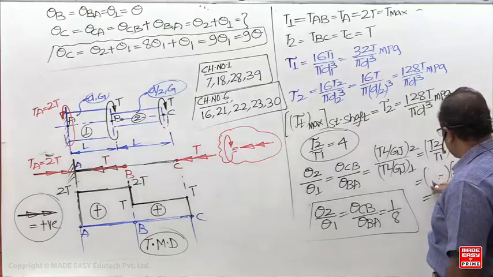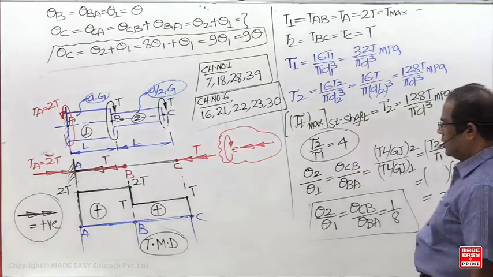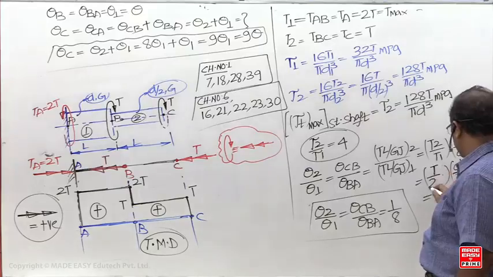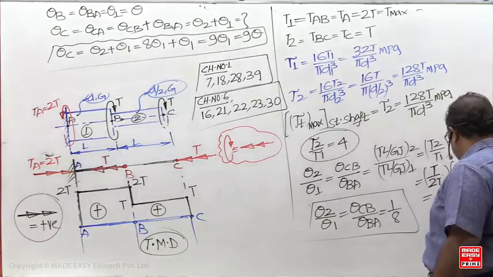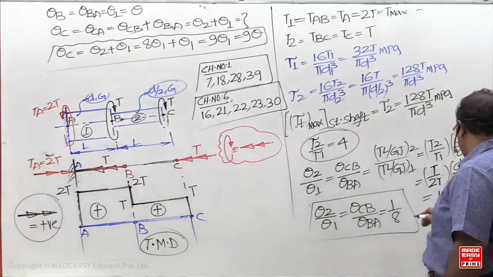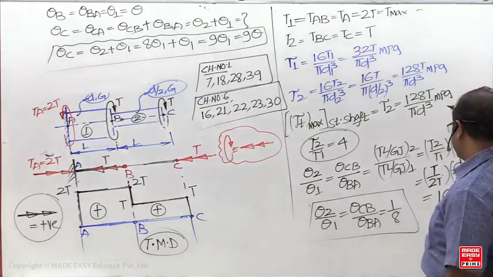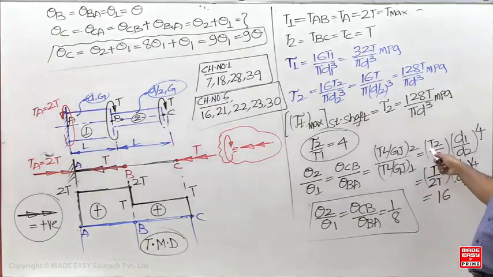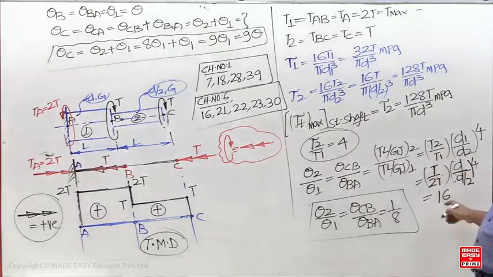So I also made a correction here. T2 is T, T1 is 2T. So you are going to get 16 as the answer now. Small correction is required: T2 is T, T1 is 2T, so this is 16. Then the answer will change.